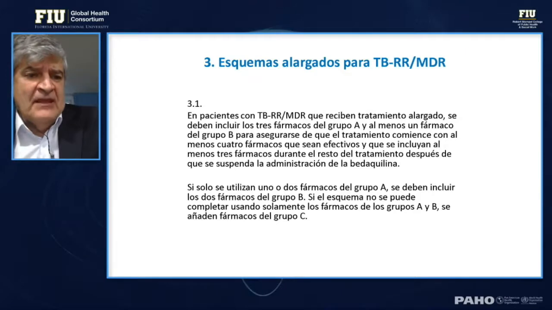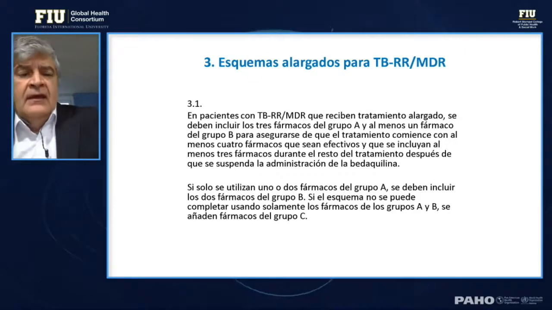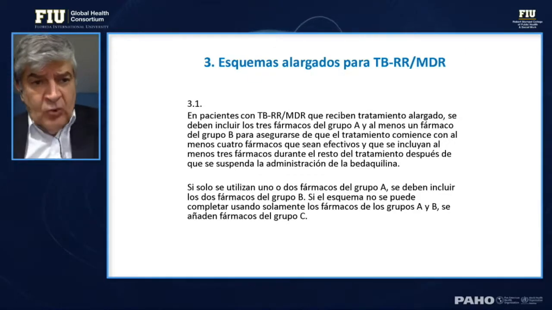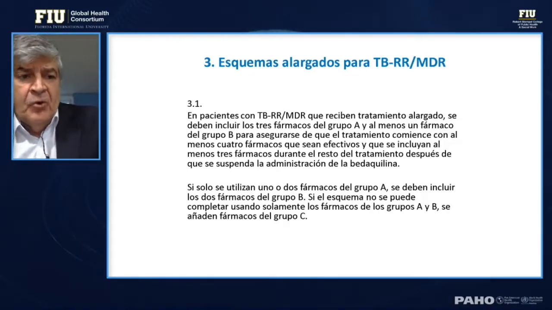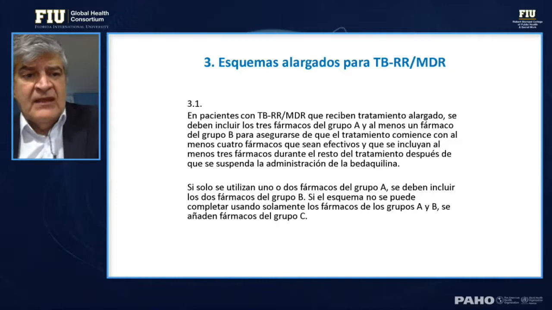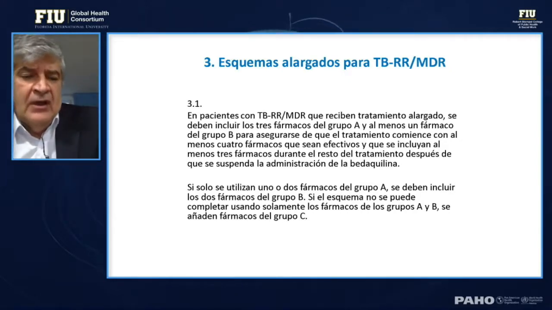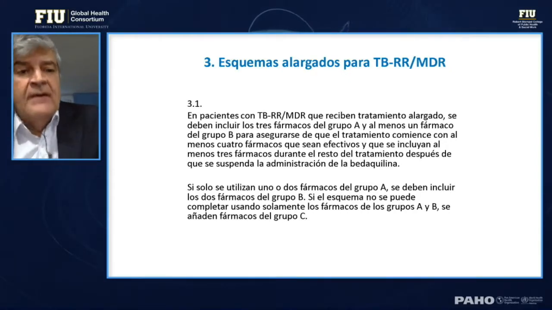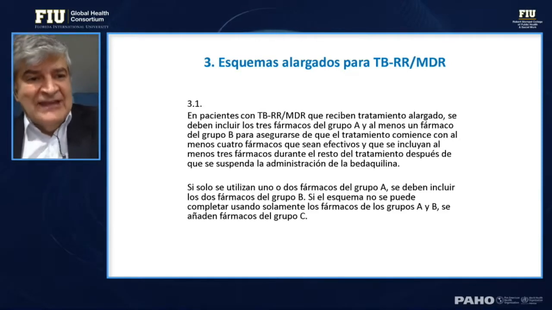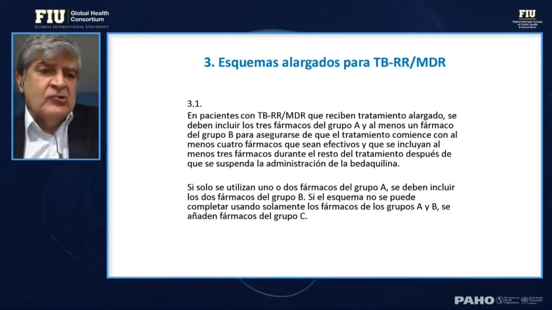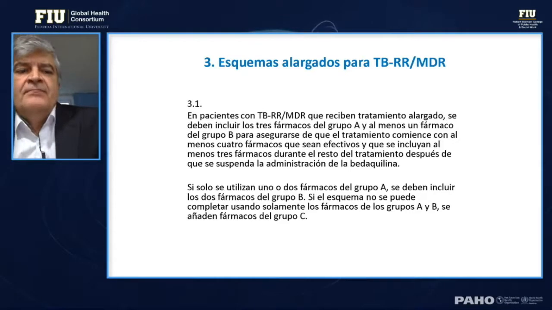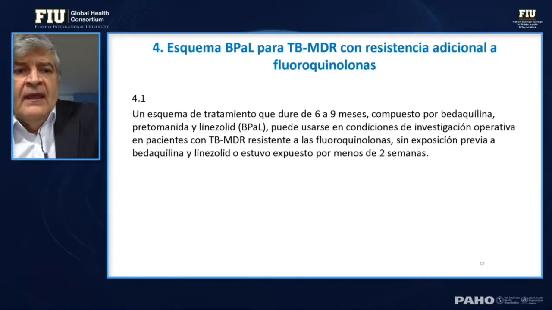These 4 drugs are the combination of Group A drugs and 1 drug of Group B. Occasionally, if the country does not have available certain drugs or if the patient has adverse reactions to some of the drugs, the other drug of Group B can be used, or also Group C drugs. Always remember the recommendation of at least 4 initial drugs.